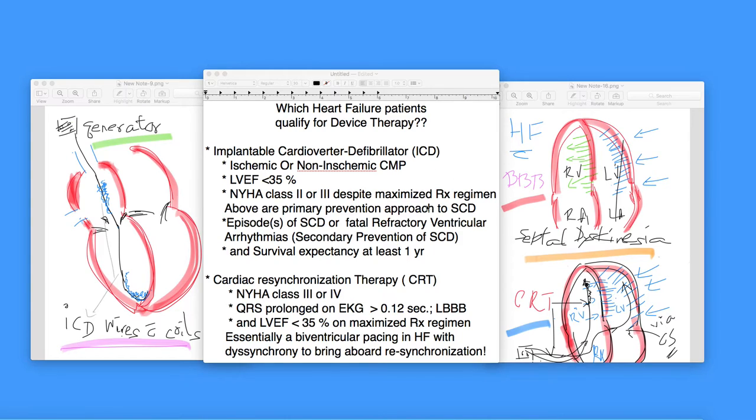But beta blockers, ACE inhibitors, ARBs, diuretics, nitrates and hydralazine have all been included, and this maximized regimen of tolerated therapy includes aldosterone antagonists. So when it says maximized regimen, it must include trials of all the rest of the therapies first, where they fail and the patients are still dyspneic enough to qualify for this ICD placement. Okay, so far?